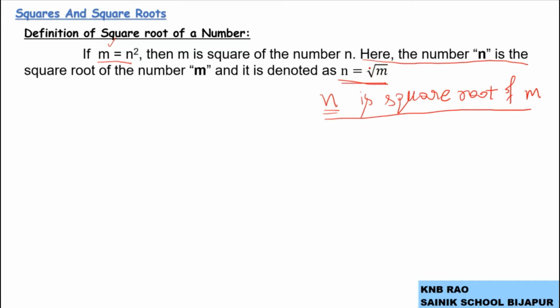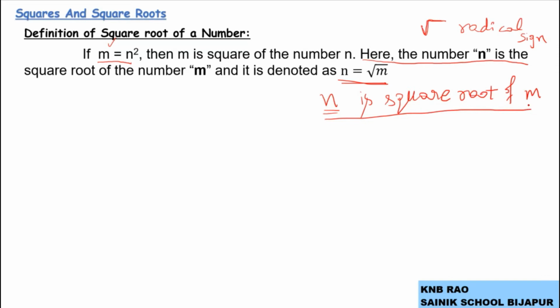This symbol is called the radical symbol. So this radical sign is used to write square root, and it is read as square root.